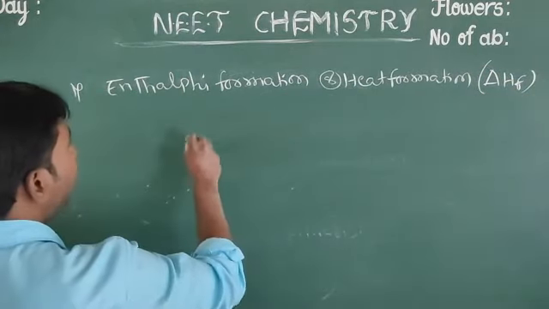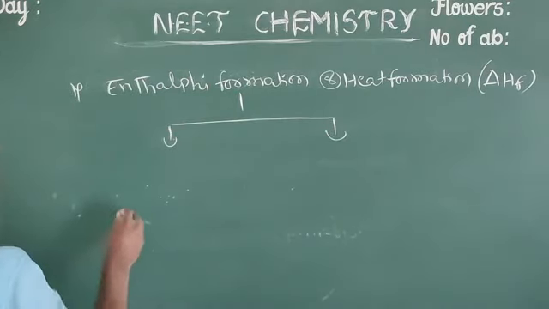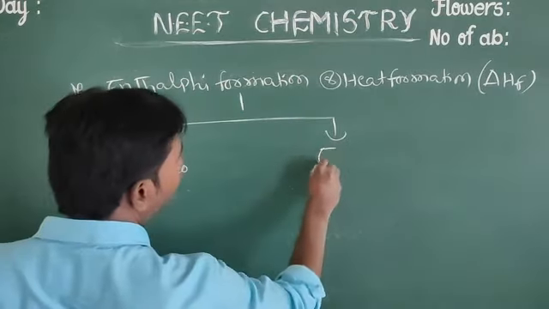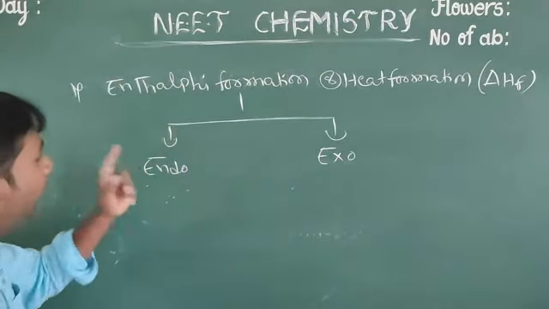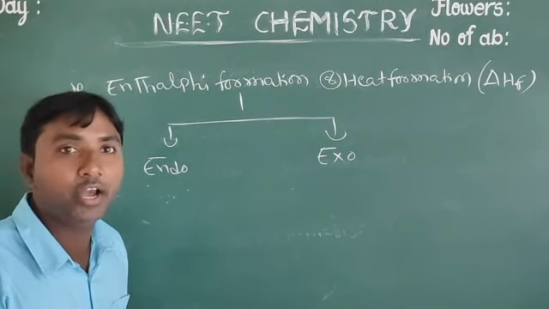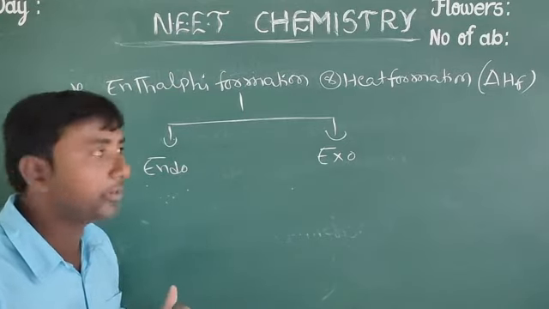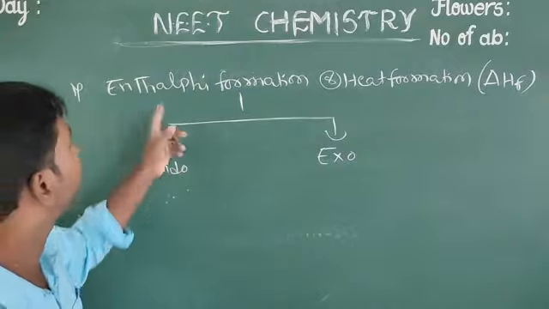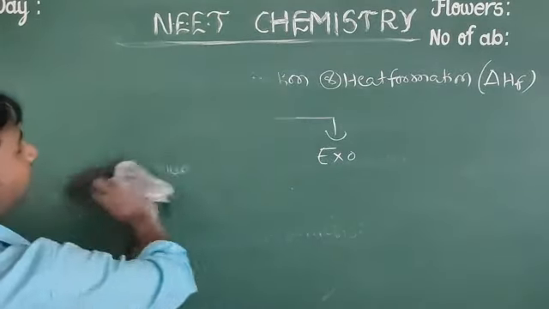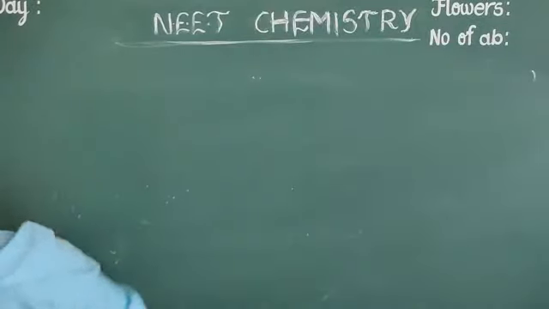Okay, maybe endothermic and exothermic, both endo and exo. Some reactions are endo, some reactions are exo. That means formation reactions exist in some reactions as endo, some reactions as exo. So formation reactions exist in both endo and exo.